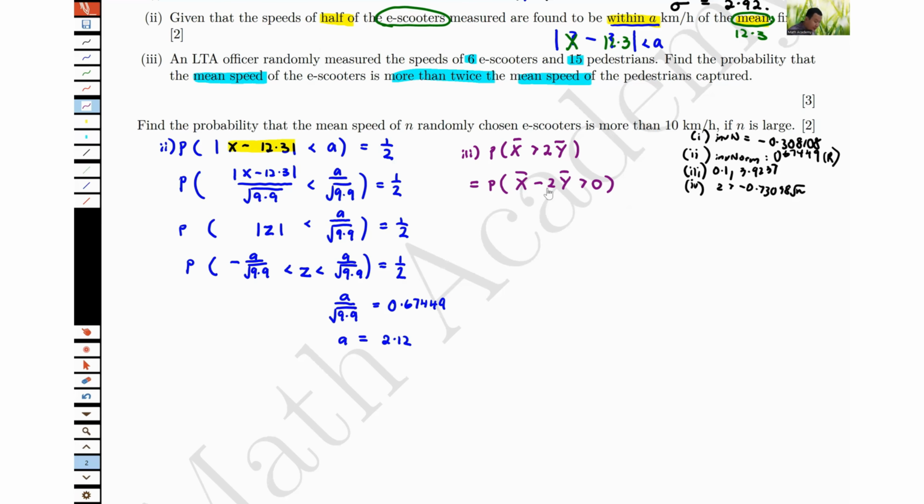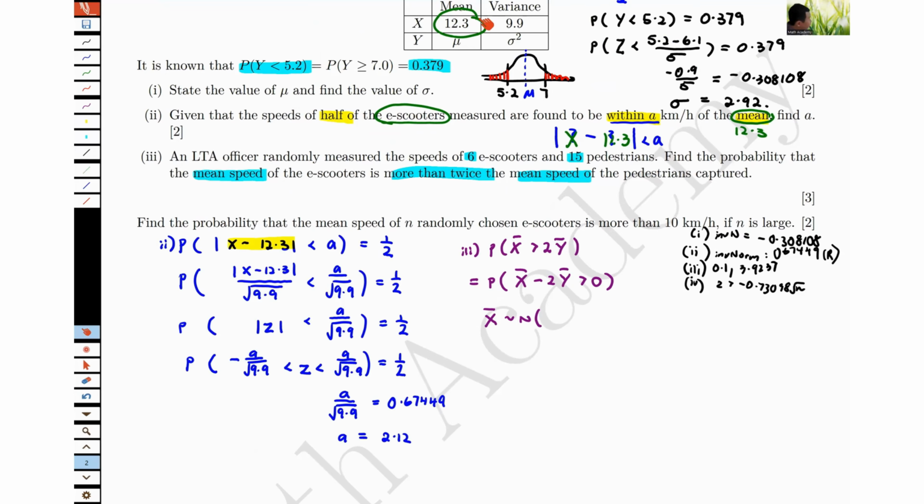So to find this distribution, you need to start with the x bar distribution. Let's take reference to the mean and variance. For x bar, the mean is 12.3. Variance: you have 6 e-scooters, so we take 9.9 over 6.